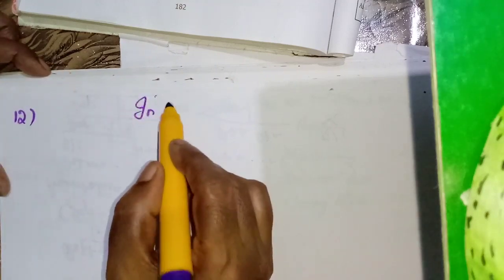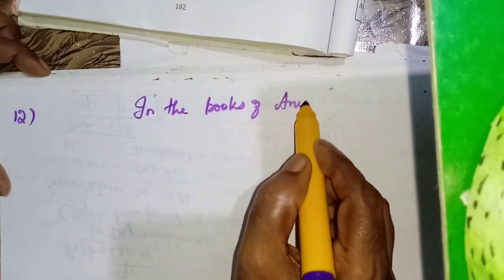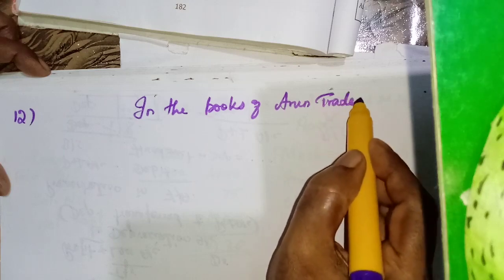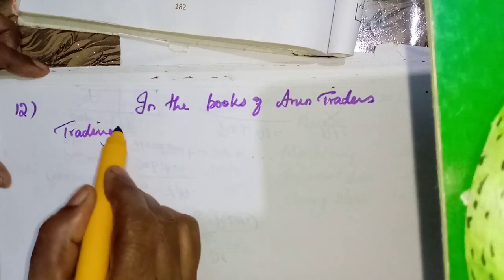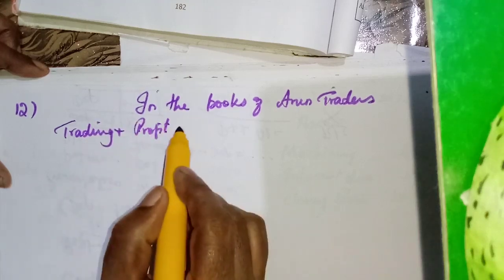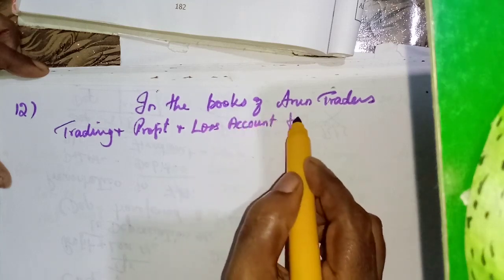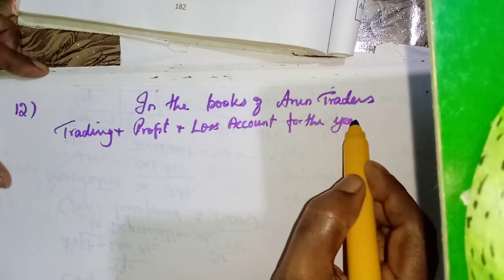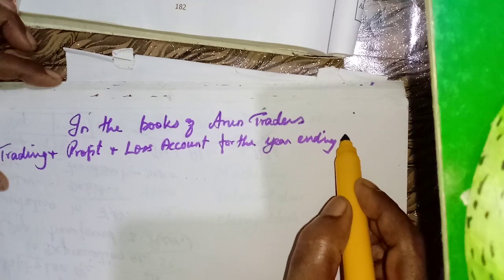So in the books of Arun Traders, first we will write the number, 12th problem. Trading and profit and loss account for the year ending 31st March 2018.